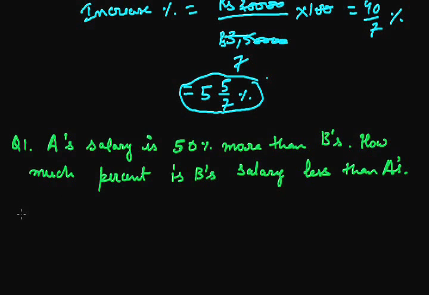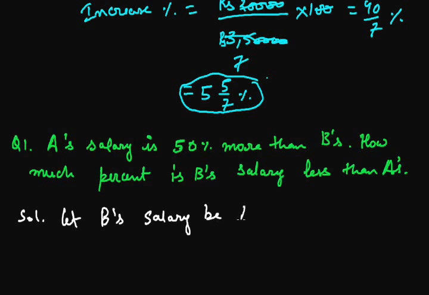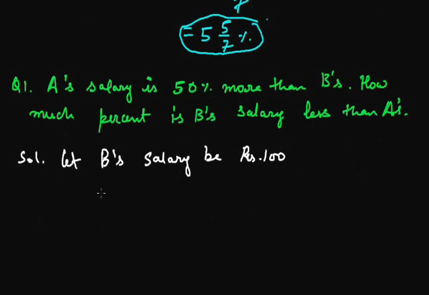So let us assume that B's salary be ₹100. Now since B's salary is ₹100 and we know that A's salary is 50% more than B's salary, first we will find out the 50% of B's salary, and B's salary is ₹100.